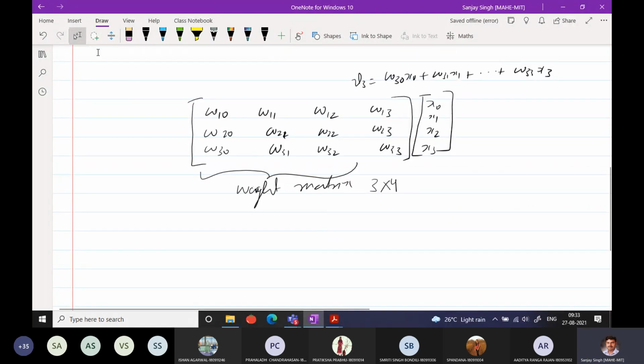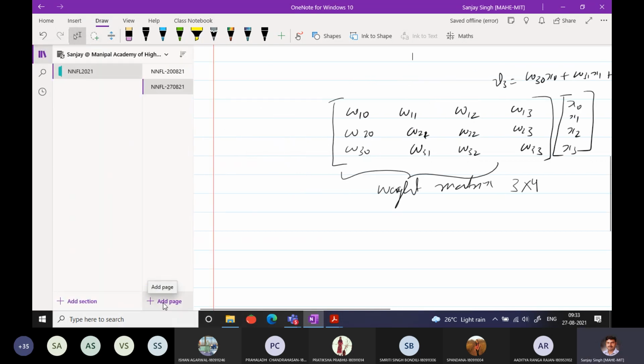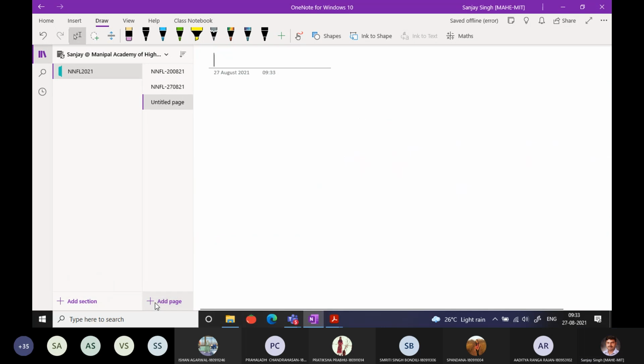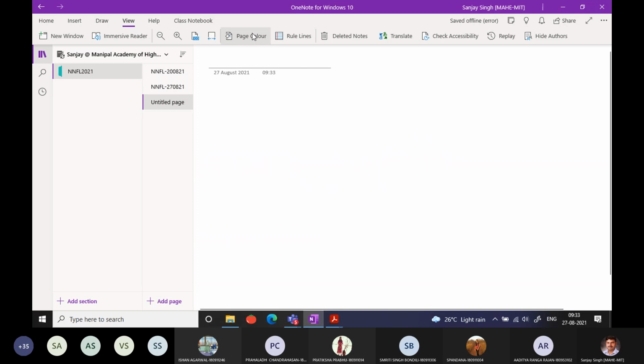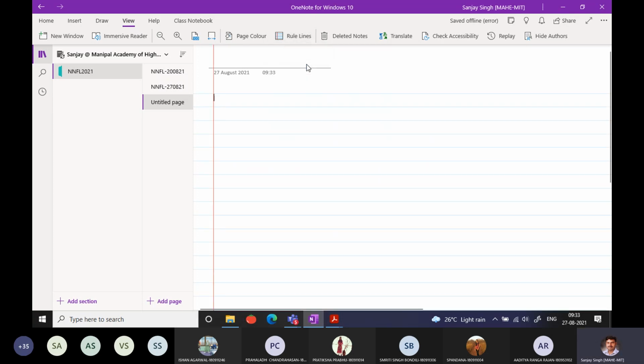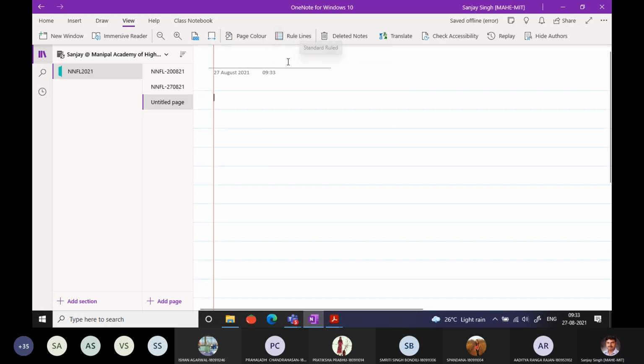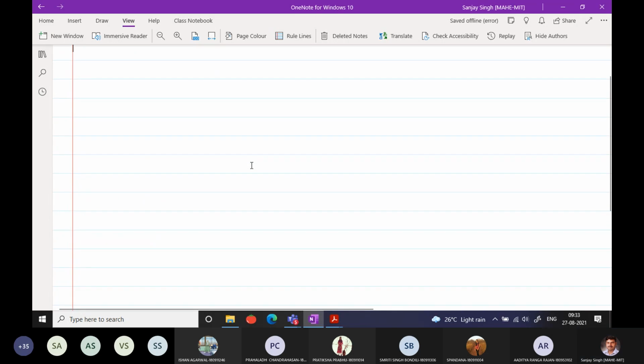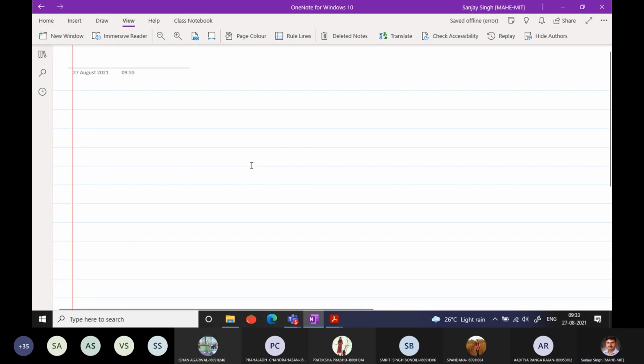I need another page. So let me. Okay. So let's say I'm having a vector x, and it is of this type.